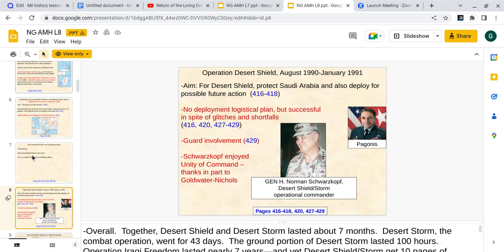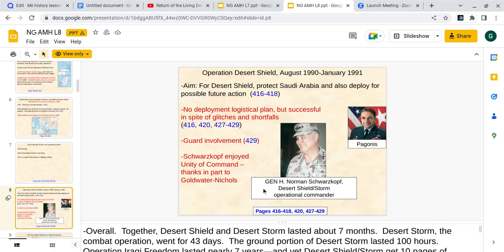There was Guard involvement, because this is post-Vietnam, right? So we're getting the Guard involved in combat situations now, and in overseas deployments. Schwarzkopf enjoyed unity of command during Operation Desert Shield, and why would that be? It's because of the Goldwater-Nichols Act, which creates greater theater unity of command.